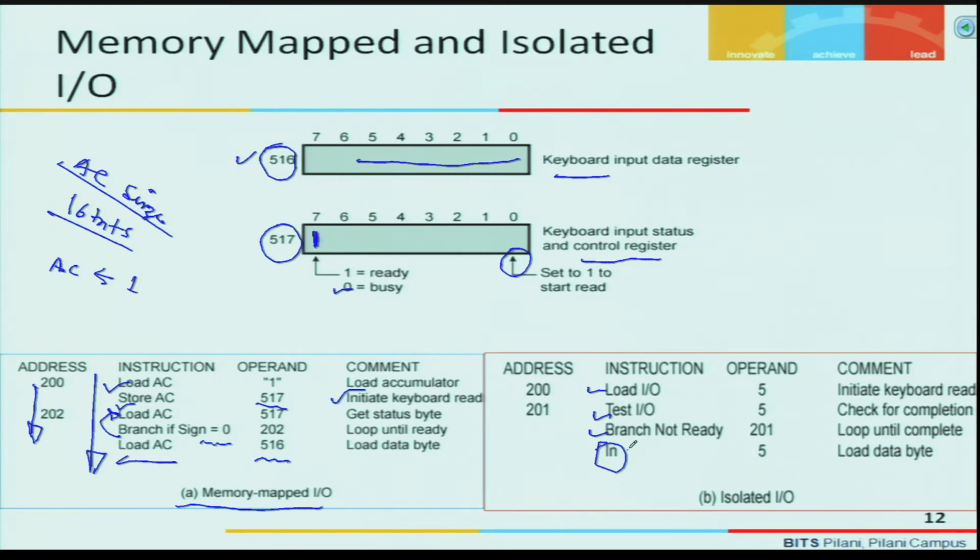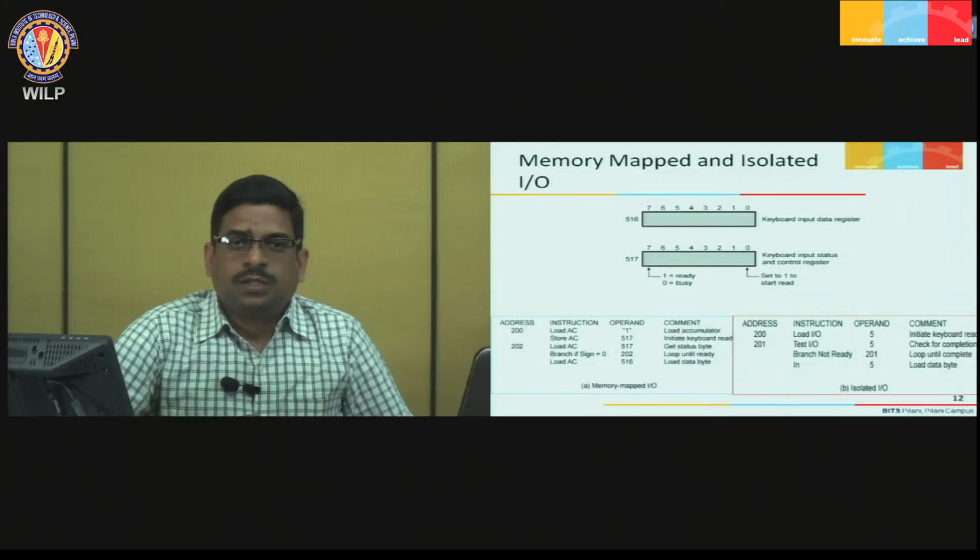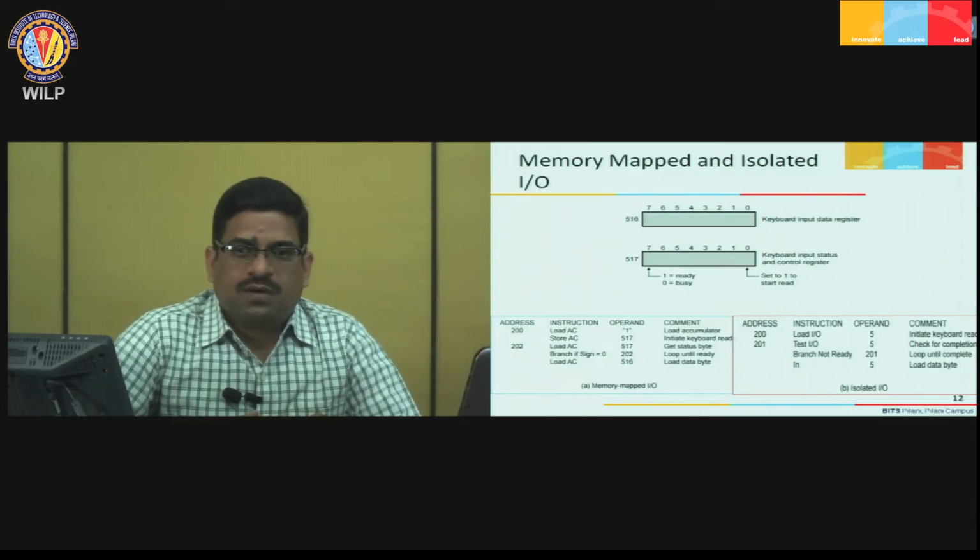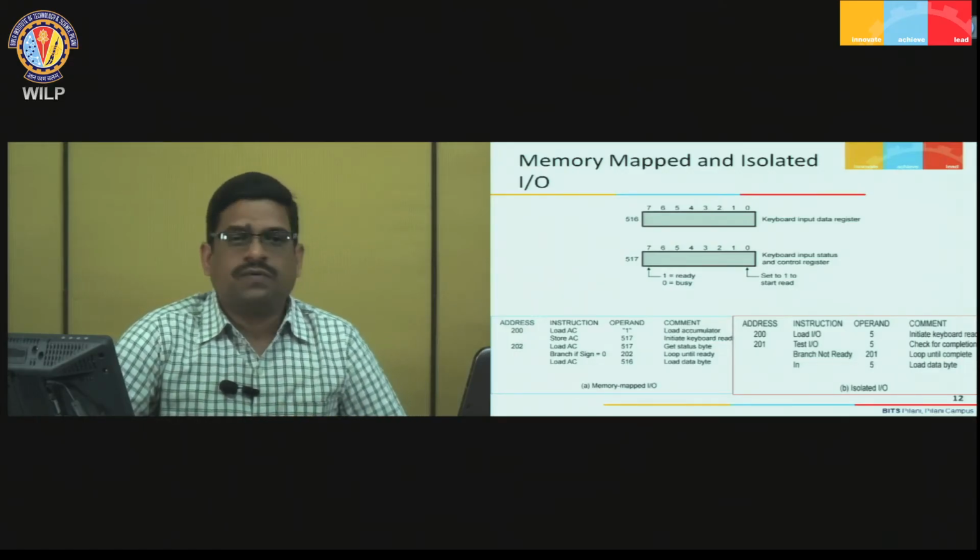In that sense, memory mapped IO is better. But because it shares the memory address space, it reduces the address space, since some portion of the memory address space is used by the IO devices. So the memory address space is restricted. That's the limitation. This is the difference in how memory mapped IO and isolated IO work.